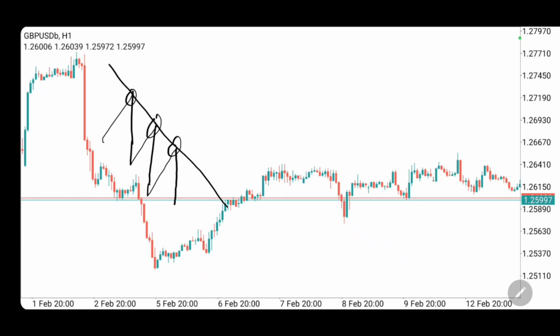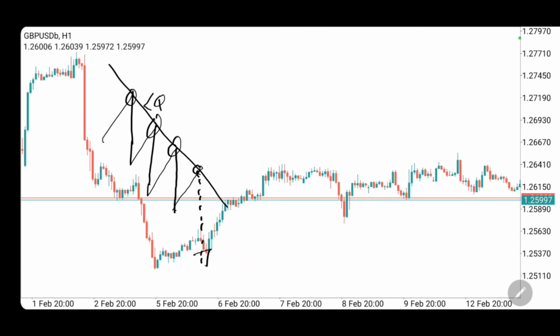And the retail traders would want to come and take a trade again here to sell, because you have first touch, second touch, third touch. But most times what the market does, this trend line is a liquidity. This is a liquidity trend line.